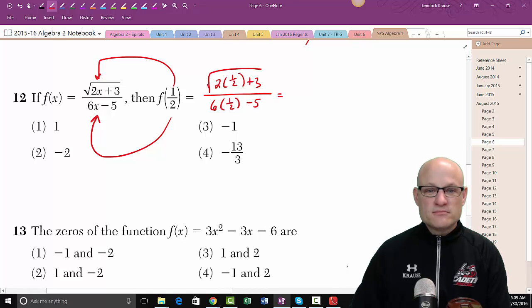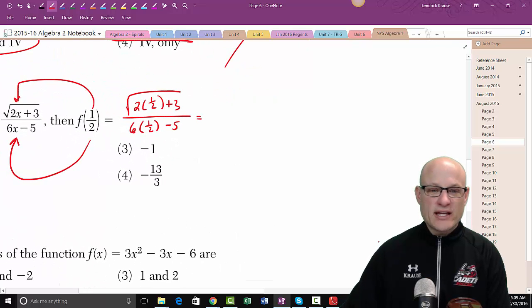Half of 2 is 1, 1 plus 3, all over half of 6 is 3, 3 minus 5.